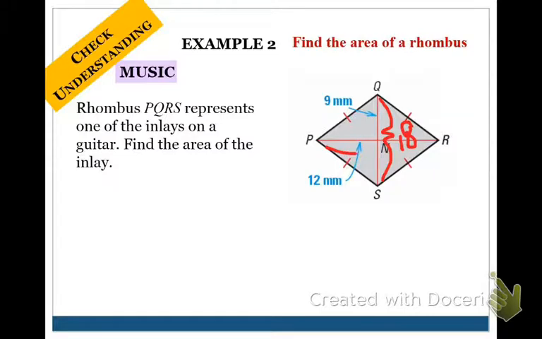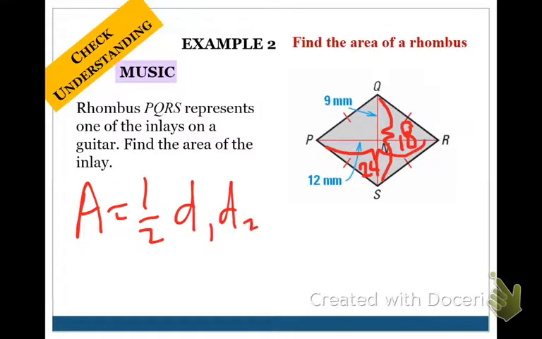We know that this length is 24. Right? PR is 24. So we find the area. Area is going to be 1/2 D1 times D2. So that's going to equal 1/2 18 times 24.